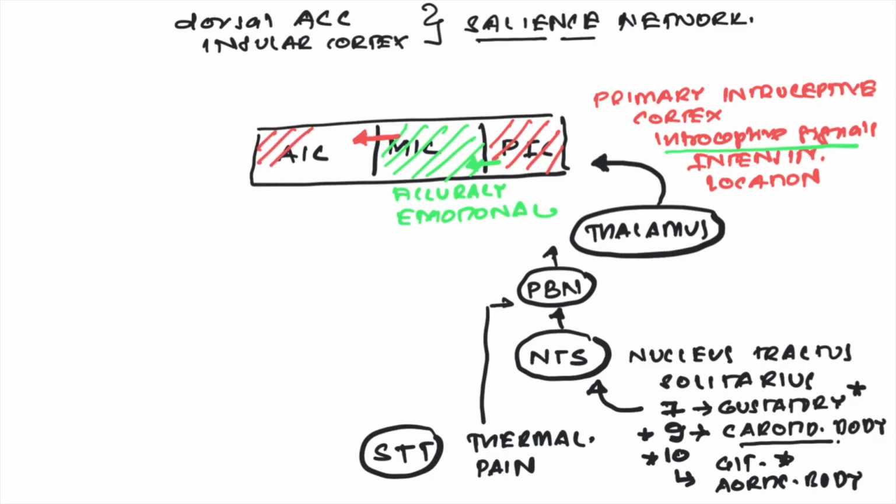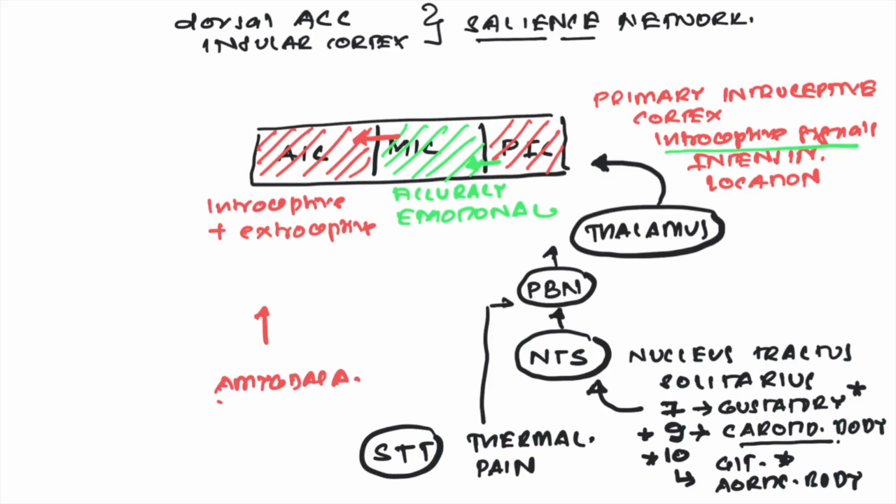This is a very important area of the insular cortex because this is the place where the interoceptive signal is integrated with exteroceptive signals, along with the information that is sent from the amygdala.